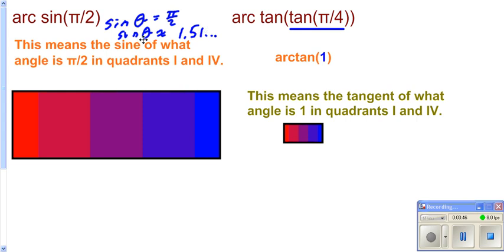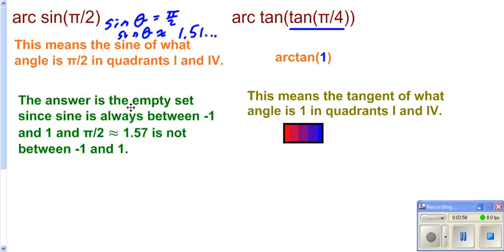Well, you should remember that sine is never going to go above 1 or below negative 1. So will sine of any angle ever be equal to 1.5? No, it will not be. So it's the empty set.